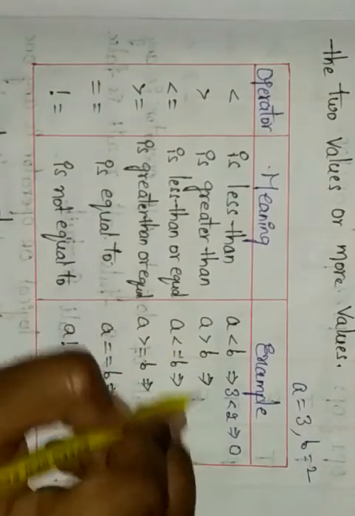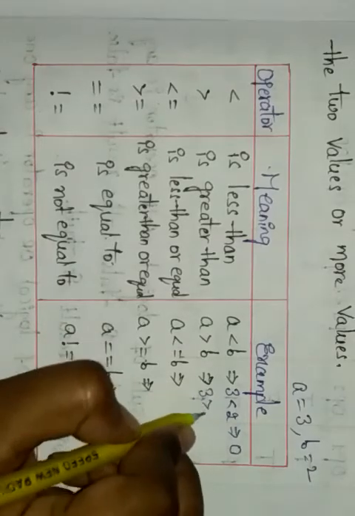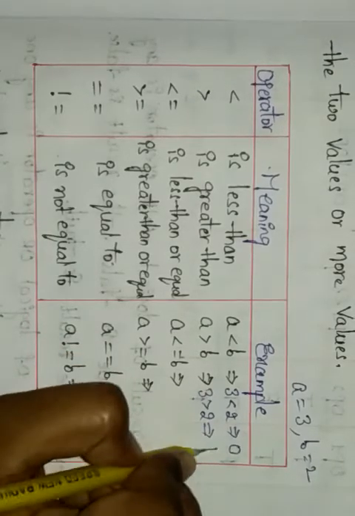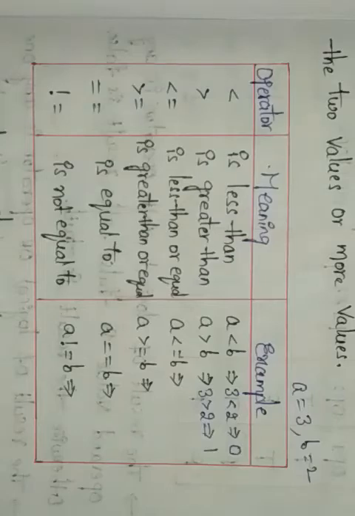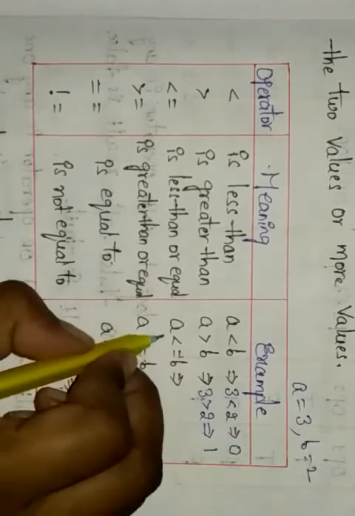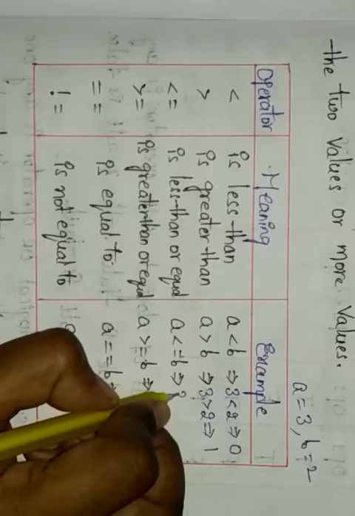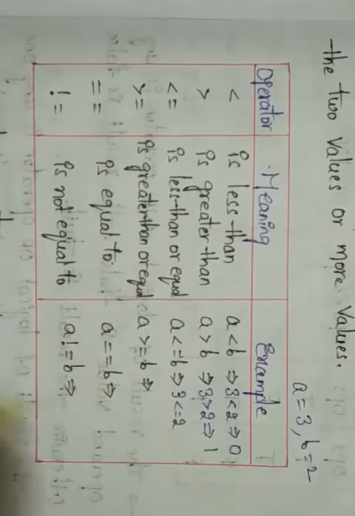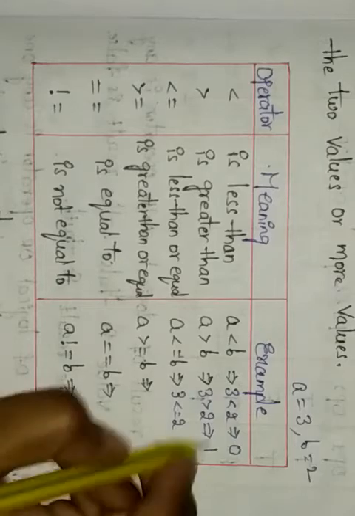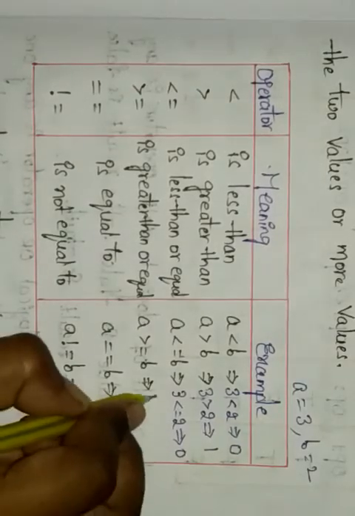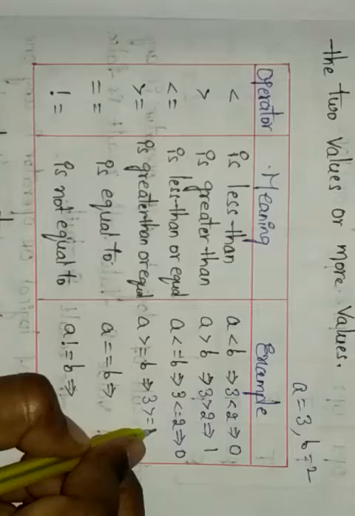Next we have A greater than B. 3 greater than 2. Yes, this is correct. It shows the true value, 1. Next, 3 less than or equal to 2. Is this possible? No, so this is also false. 3 greater than or equal to 2.